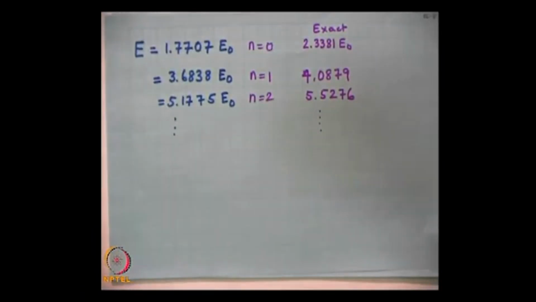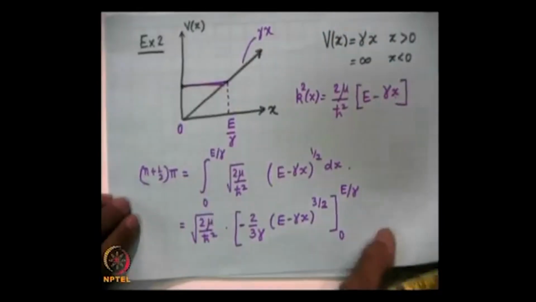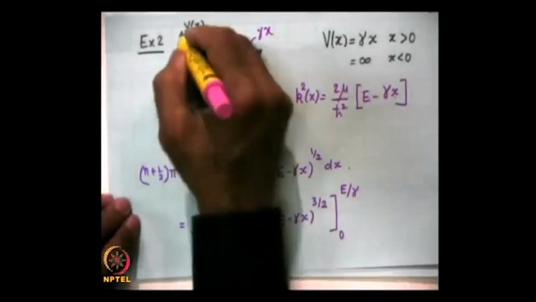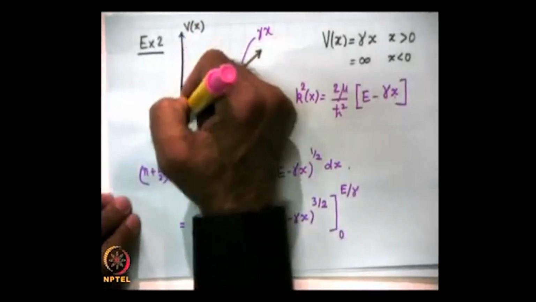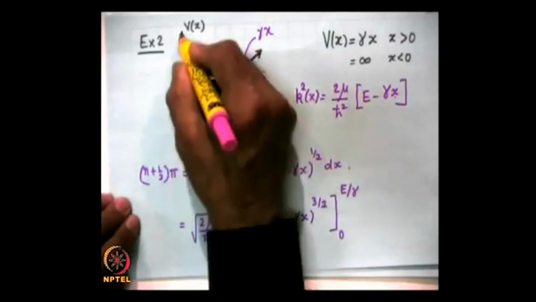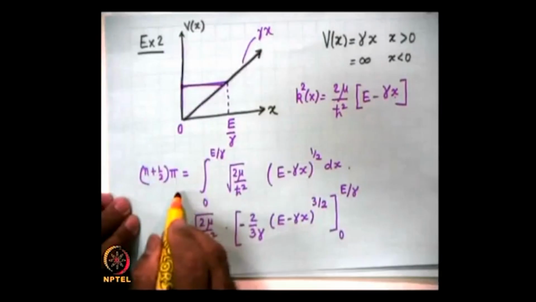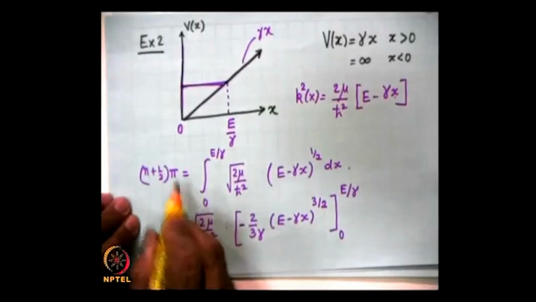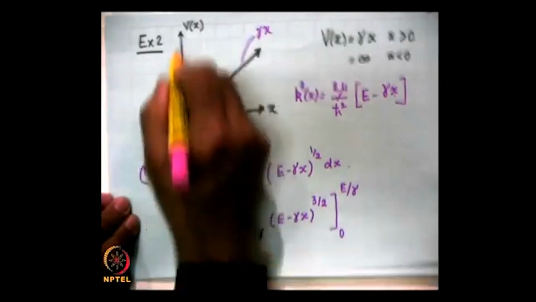And let us look at the reason why it did not work out. This is because of the fact that if we look at the potential, the V of x is infinite here. So, from the value 0 it becomes infinite.